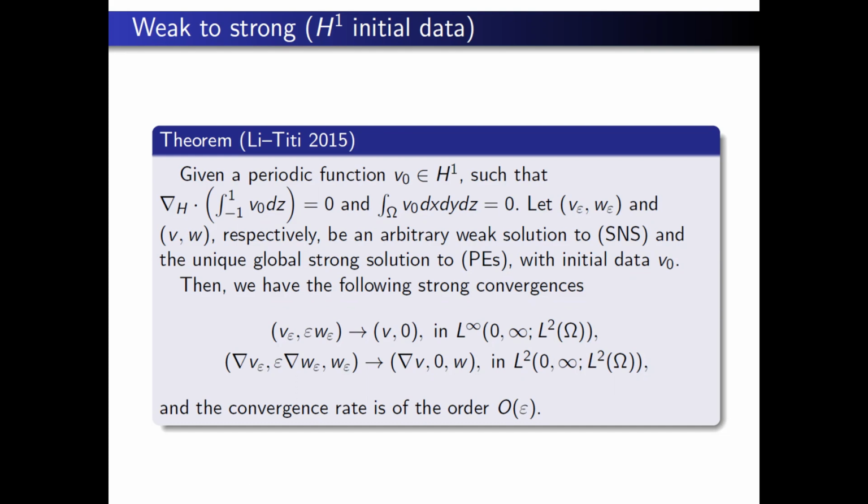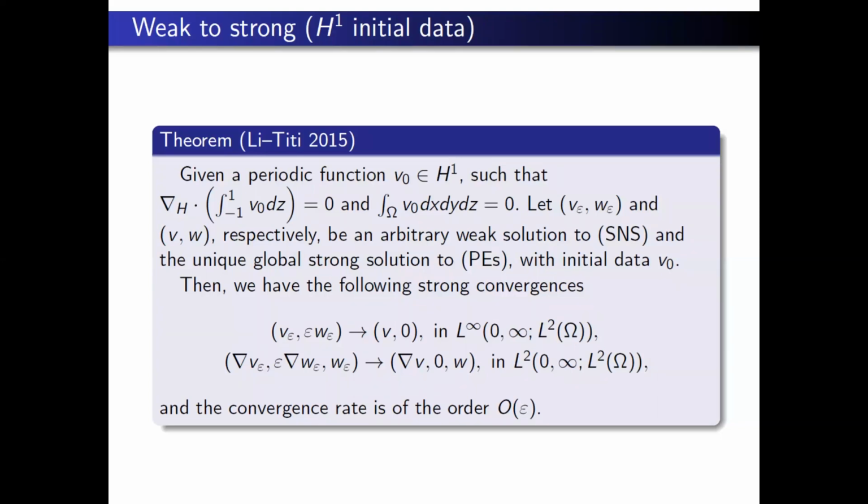We know that the Navier-Stokes equation does not have a unique weak solution. Now people say, oh, but the initial data is in H1. No, only the horizontal component is in H1. The vertical component is actually only in L2. So only weak solutions can be discussed for Navier-Stokes. Because I don't have uniqueness, we consider an arbitrary weak solution of the Navier-Stokes equation with well-prepared initial data.